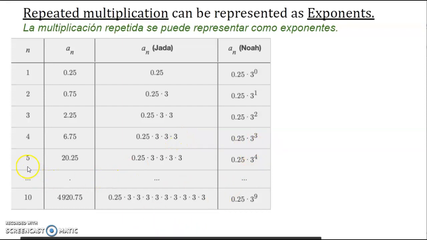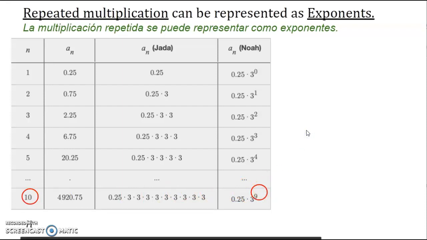Okay, notice that whatever the position number n is, the exponent you're raising the common ratio to is always going to be 1 less than the term number. So comparing this exponent 9 to the term number 10, it is always 1 less.